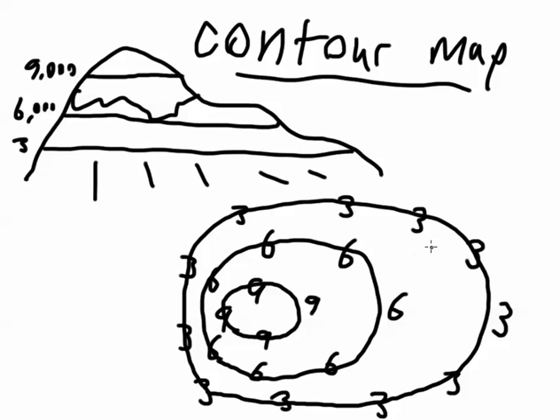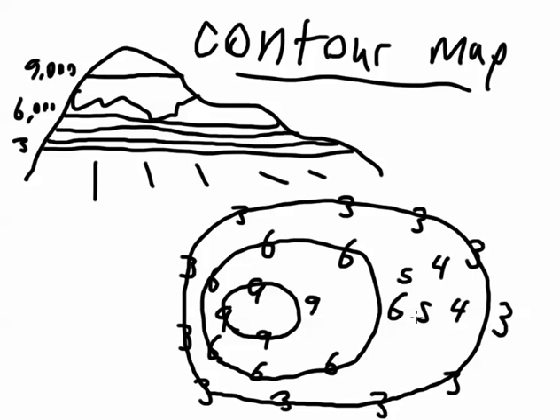But I'm leaving out a lot of numbers, because in between the 3,000 feet and the 6,000 feet, so up here, there's also a 4,000 feet level and a 5,000 feet level, right? So here there's a 4 and a 5. So if I want a complete picture, I should draw the 4,000 and 5,000 levels.